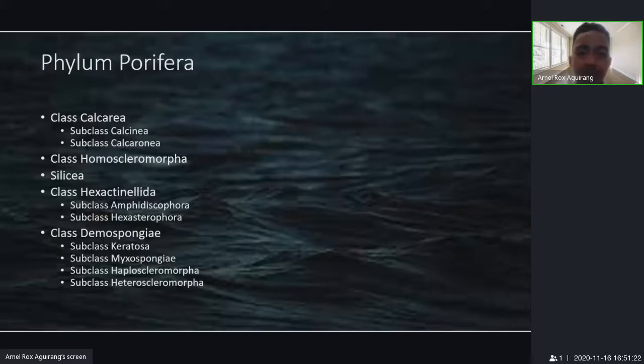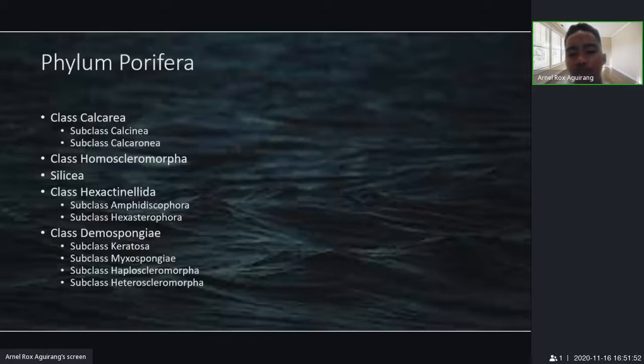In class Hexactinellida, there are subclass Amphidiscophora and subclass Hexasterophora. In Desmospongiae, there are subclass Keratosa, subclass Myxospongiae, subclass Haploscleromorpha, and subclass Heteroscleromorpha. So, if I discuss all of the subclasses, the time will not be enough.